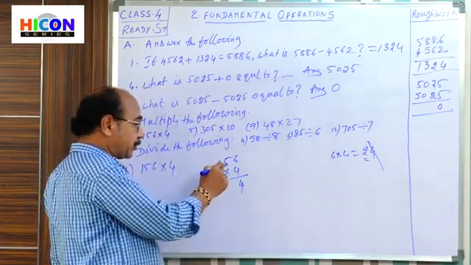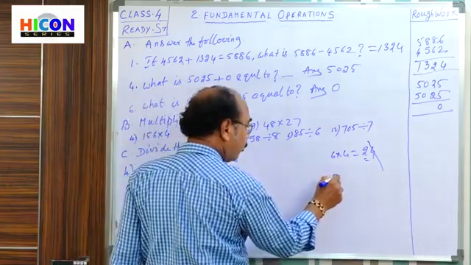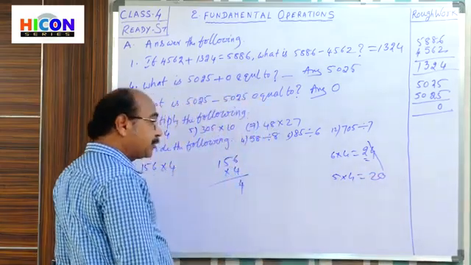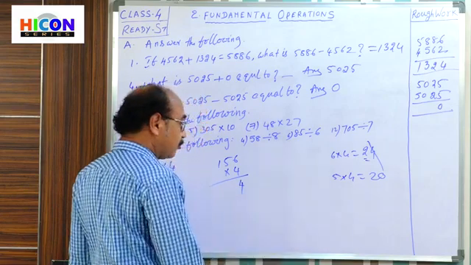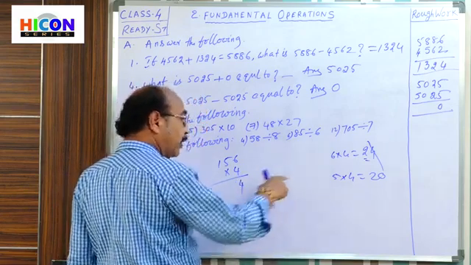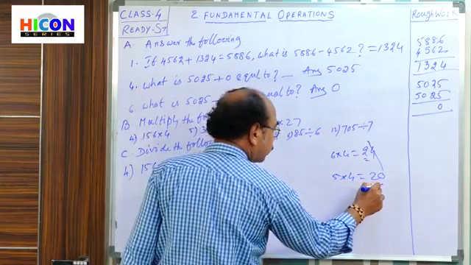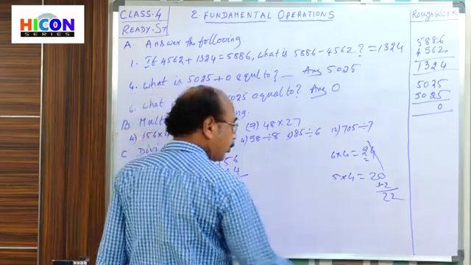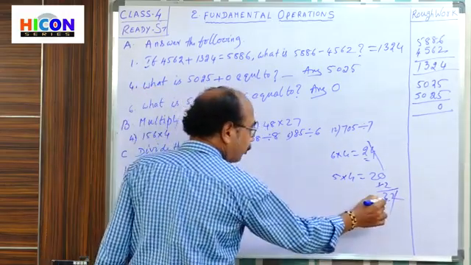Next, the second place digit, 5. 5 into 4, 20. The 4 we already wrote there, and the previous 2 we have to add. 20 plus 2, 22. Now write 2 here, and the other 2 is there, keep in mind.